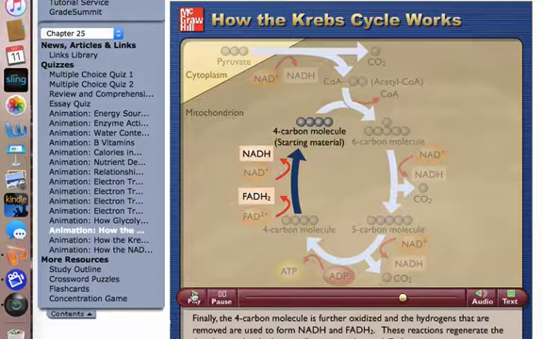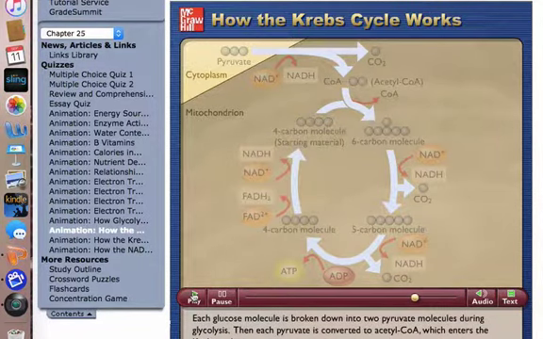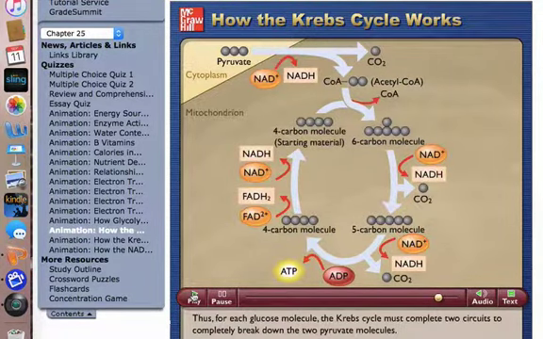These reactions regenerate the 4-carbon molecule that initially reacts with acetyl CoA. Each glucose molecule is broken down into 2 pyruvate molecules during glycolysis. Then each pyruvate is converted to acetyl CoA, which enters the Krebs cycle. Thus, for each glucose molecule, the Krebs cycle must complete 2 circuits to completely break down the 2 pyruvate molecules.